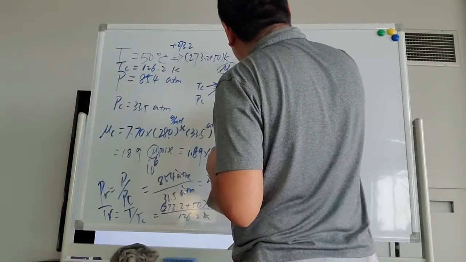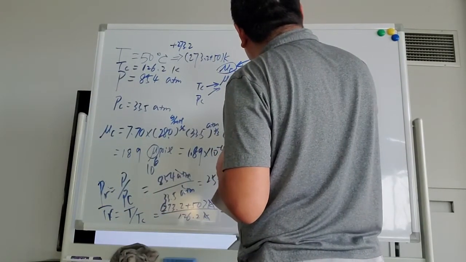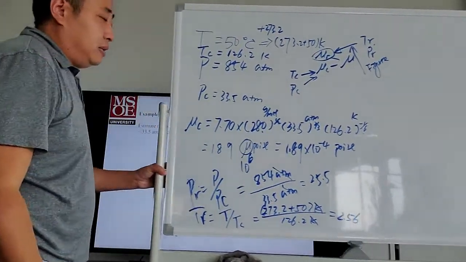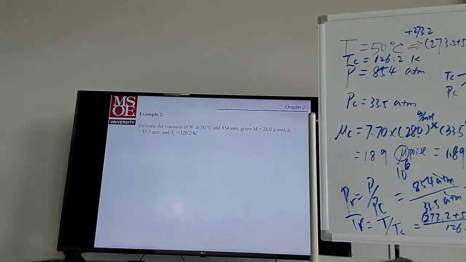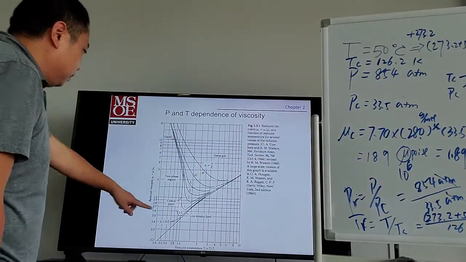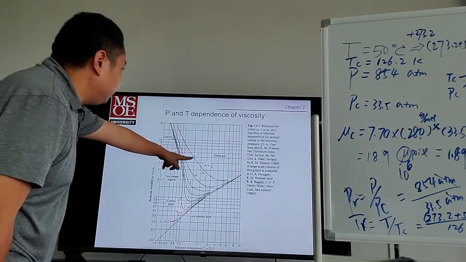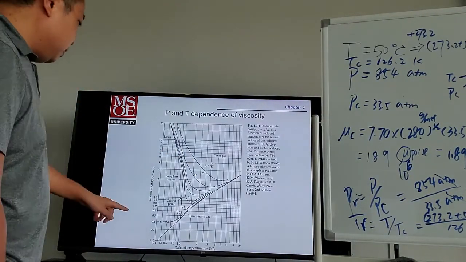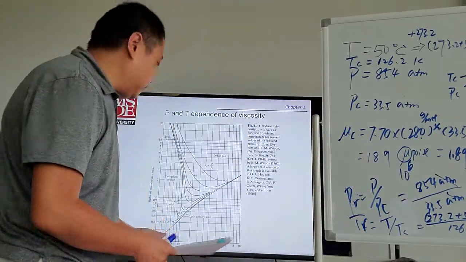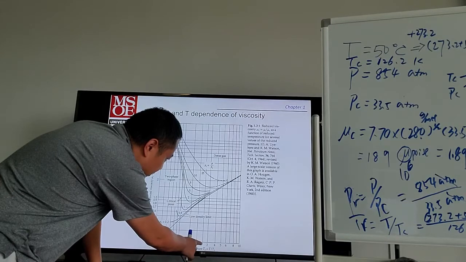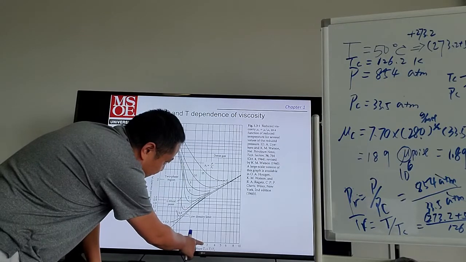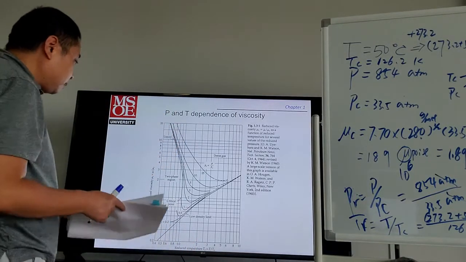So now we have TR and PR. We need to go to the figure we just discussed. So go back to this. You see TR and PR, then we can get mu R. Start with TR, which is 2.56, so about 2.5-ish.